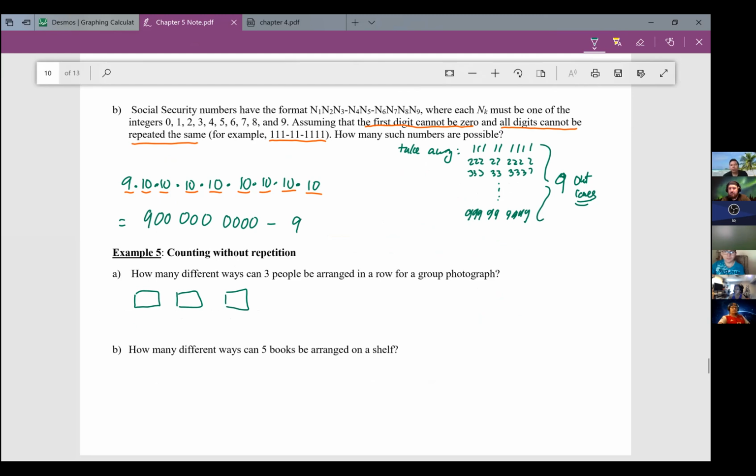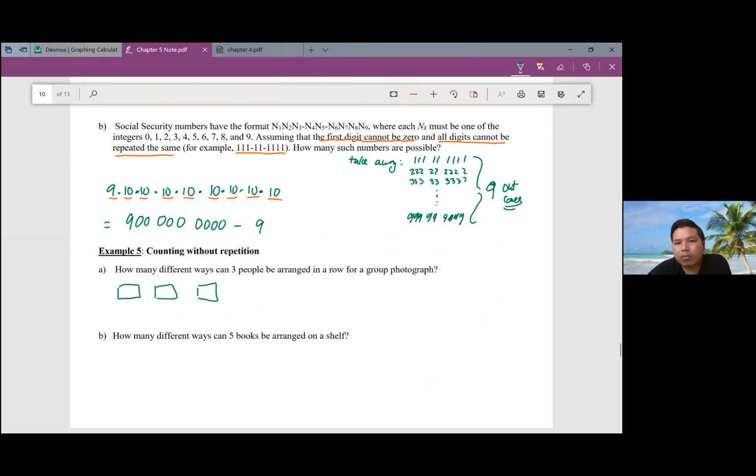How many ways can I put 3 people in the first slot? 3 options, very good. So I have a 3 here. How many ways can I put in the second slot? 2, and then I only have 1 option left, right? So the total outcome will be 3 times 2 times 1. So we got 6 outcomes.